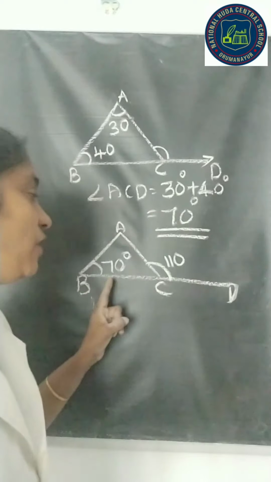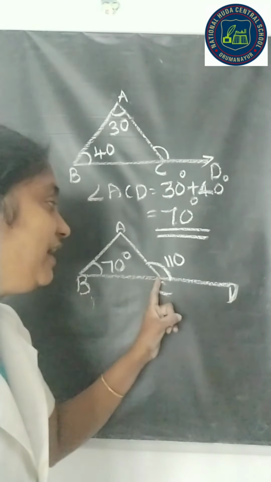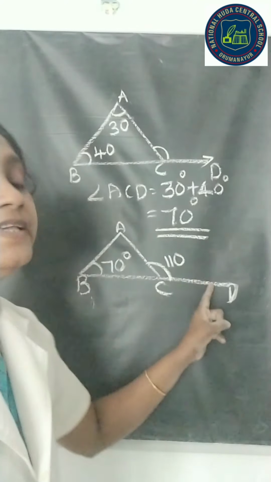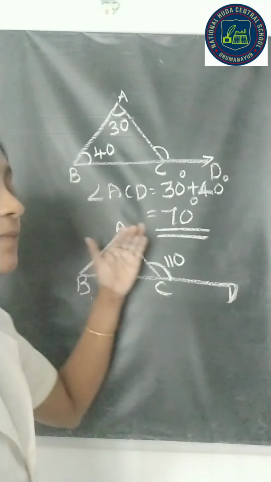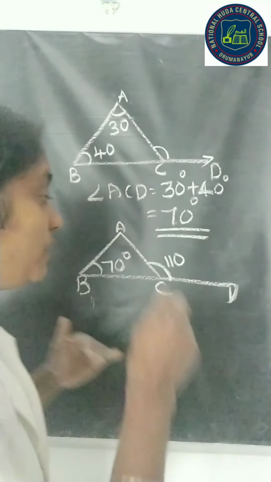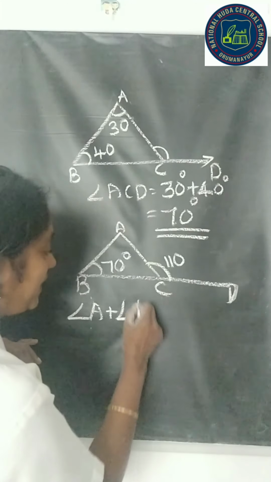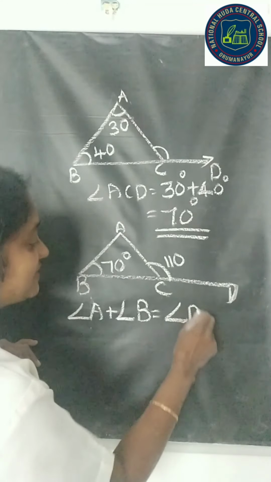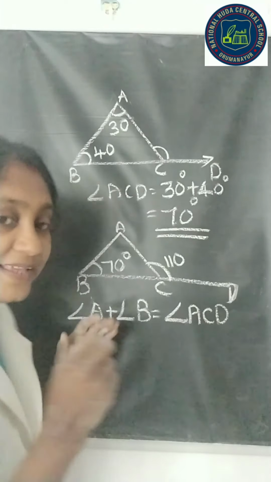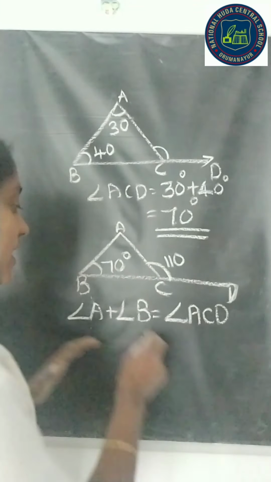If angle B is equal to 70 degrees and the measure of angle ACD is equal to 110 degrees, what will be the measure of angle A? We know that angle A plus angle B is equal to angle ACD by the exterior angle property.